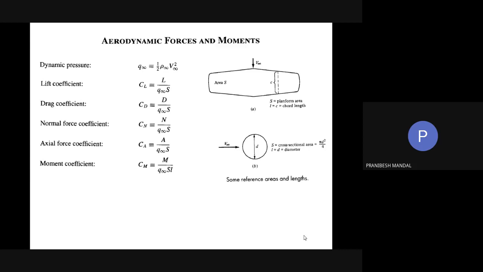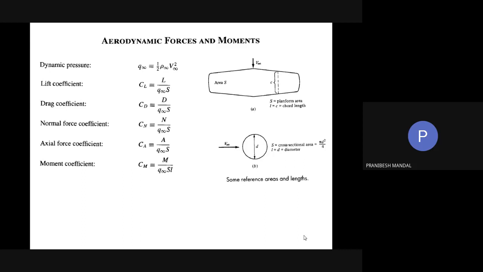I think all of you guys are actually accustomed to Bernoulli's theorem. Everyone knows this theorem, right? Yes, sir. So Bernoulli's theorem says P plus half rho V square is constant for a constant elevation. And this half rho V square is nothing but a term of pressure, and that we call the dynamic pressure.